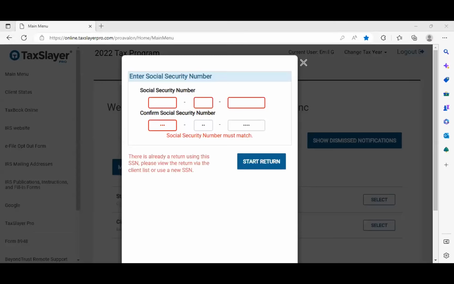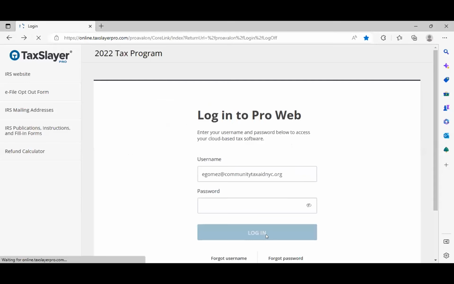Okay, but you can still see the screens that are shared, right? Yes. Okay. Sorry, guys.